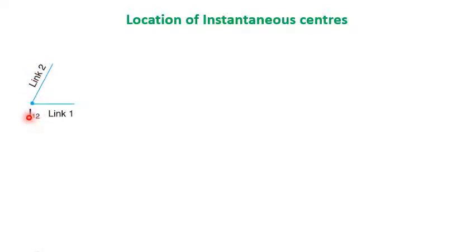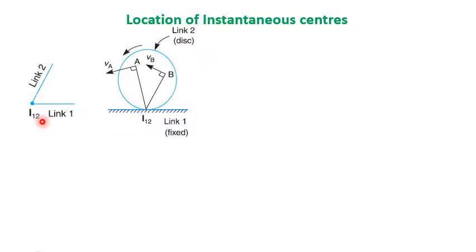Then the instantaneous center lies at the center of the pin as shown in the figure. Link 1 and 2 are connected at this junction, so it is a pin joint. Therefore its instantaneous center lies at the junction of these two links, which is represented by I12. It should be pronounced as I-one-two, not I-twelve.